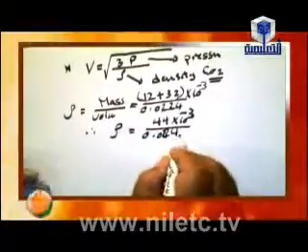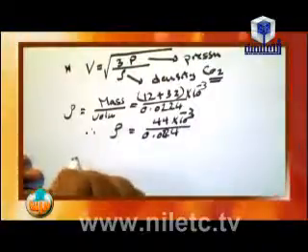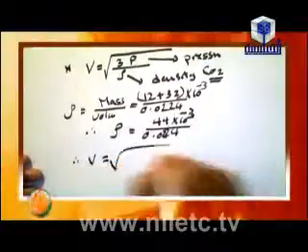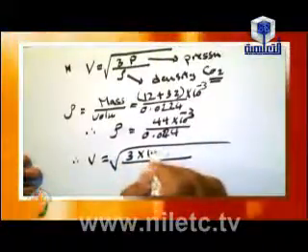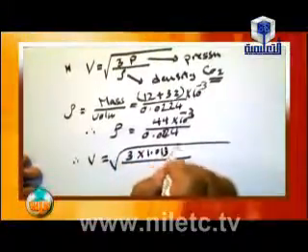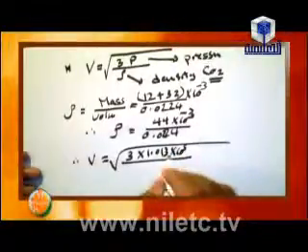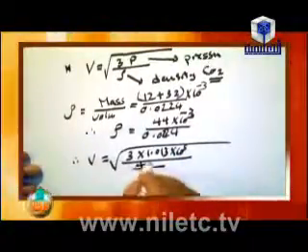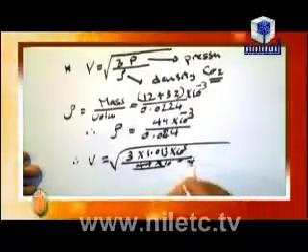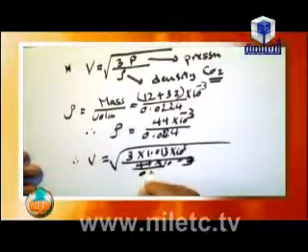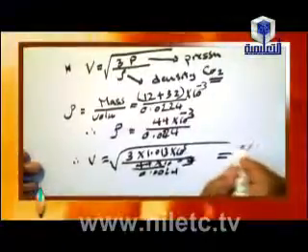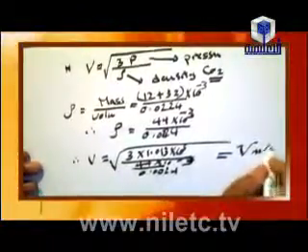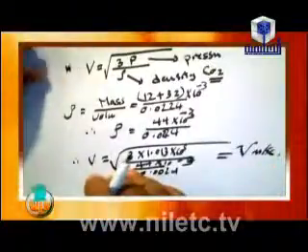This is the volume of 1 mole. Then V equals root of 3 times 1.013 times 10 power 5 over 44 times 10 power -3 over 0.0224. We can find the velocity by using a calculator. The unit is meter per second. So we can move to another problem.